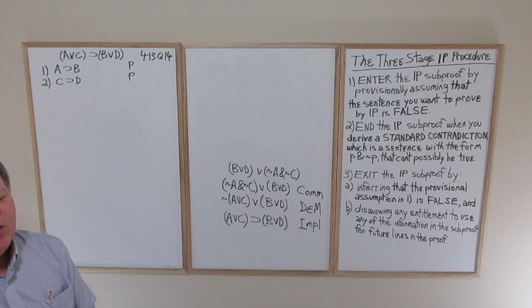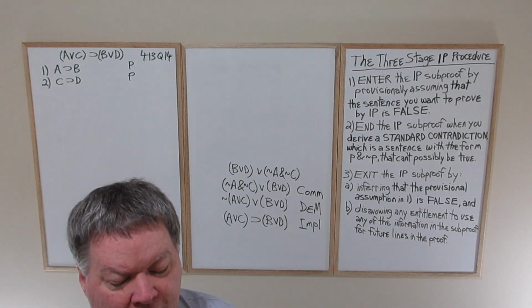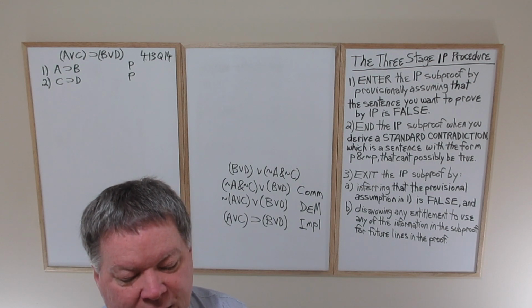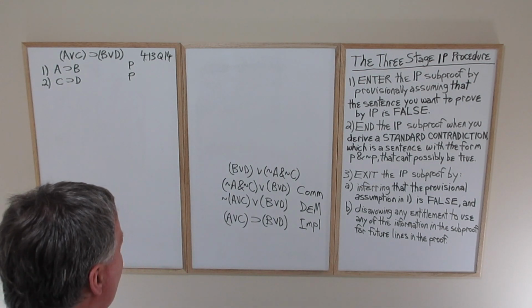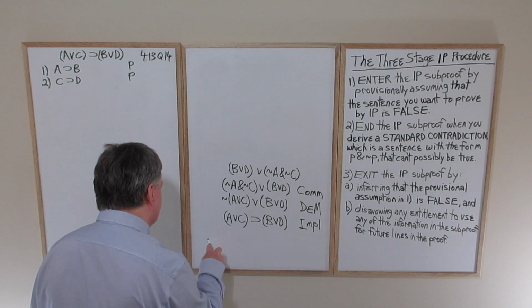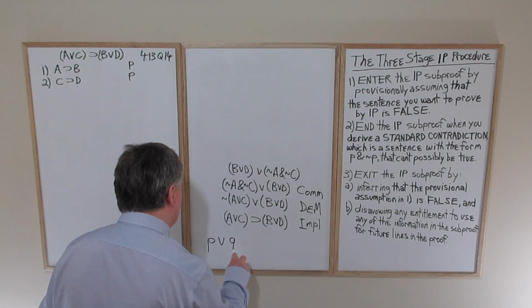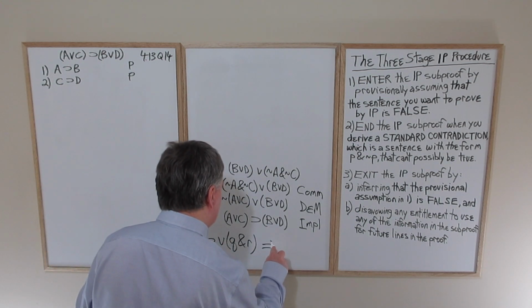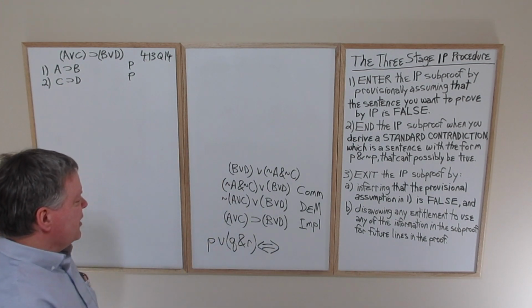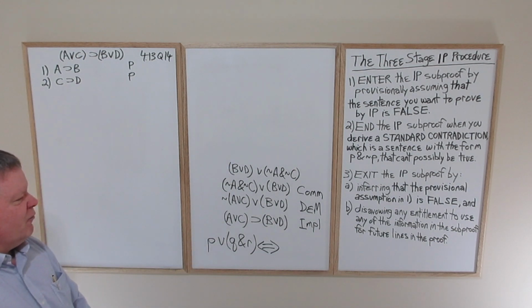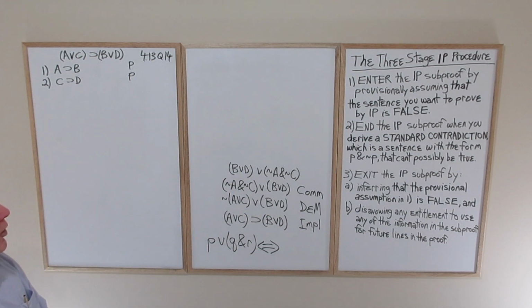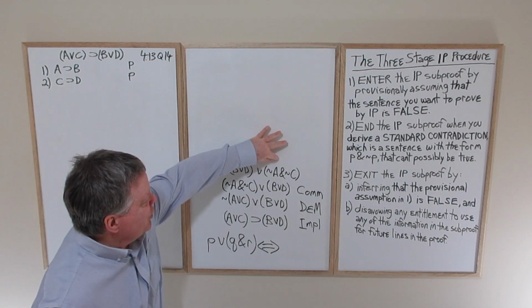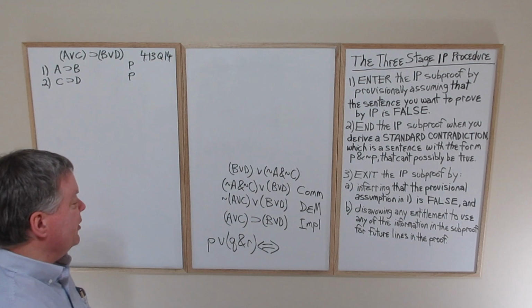If you look at the bottom part of the distribution rule on page 13 of the handout notes, what we're after is a disjunction of this form, P or Q and R, where P is the disjunction B or D, Q is tilde A, R is tilde C.